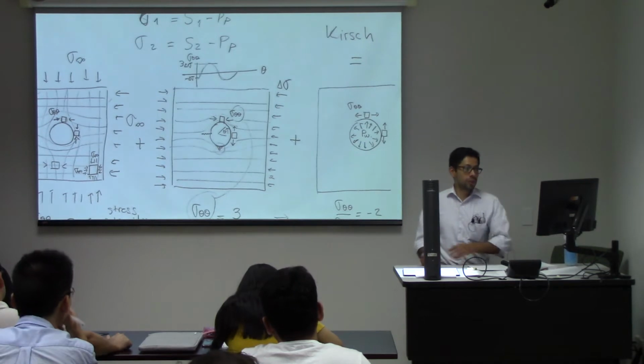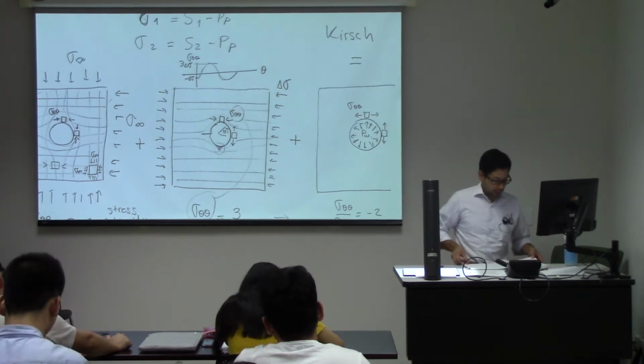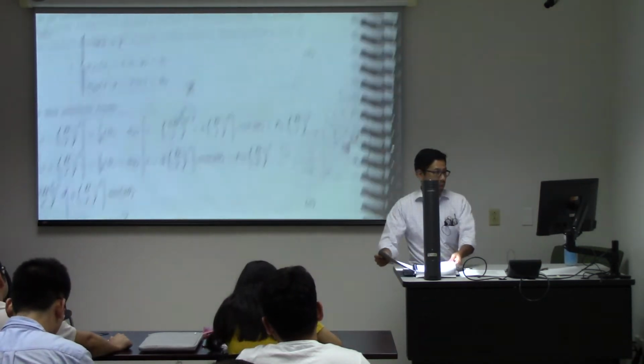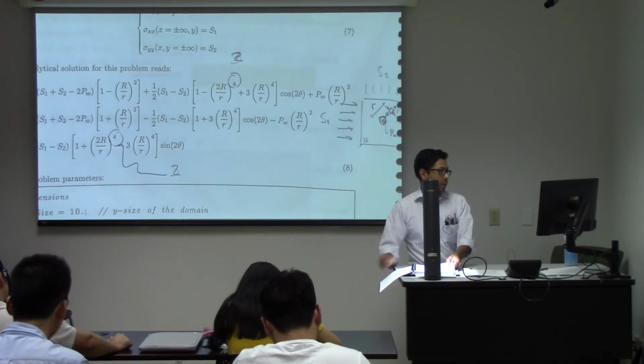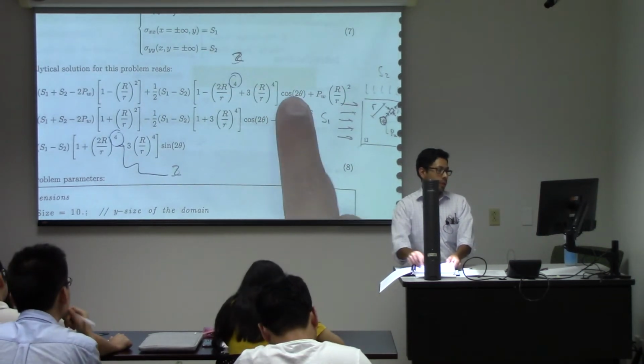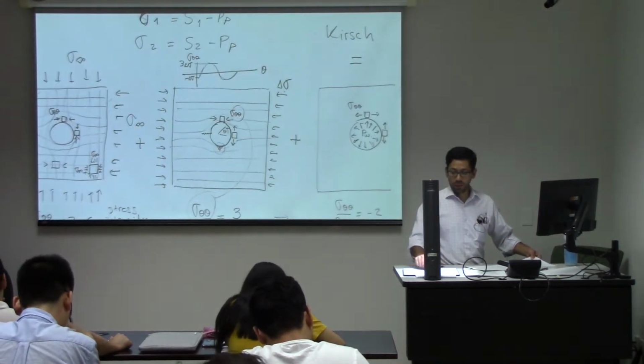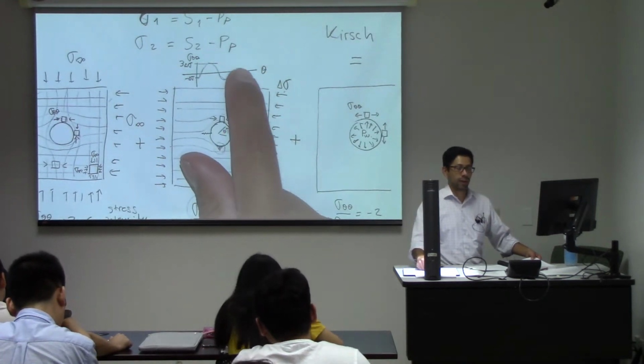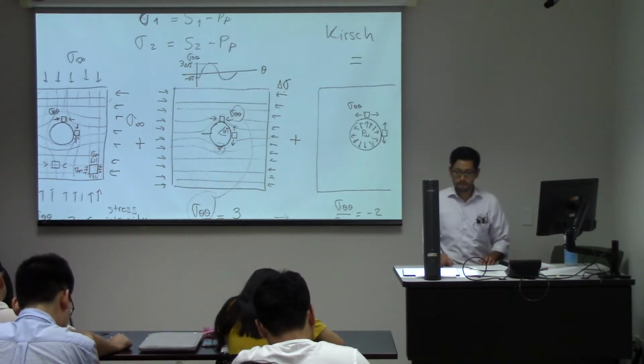That's why, again, in the Kirsch solution, you will see there is a cosine over here. It's that harmonic component that makes that one vary. So it goes from negative delta sigma to 3 delta sigma.